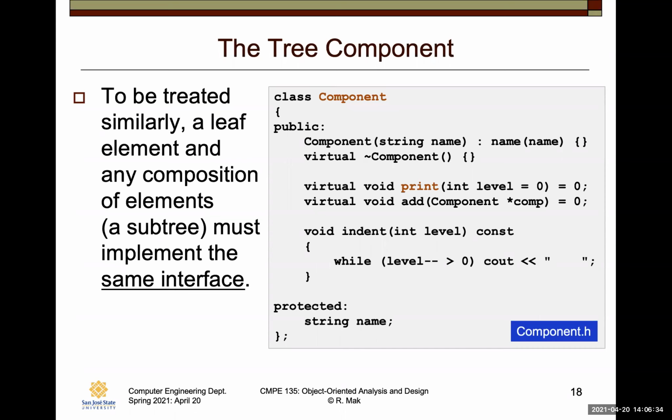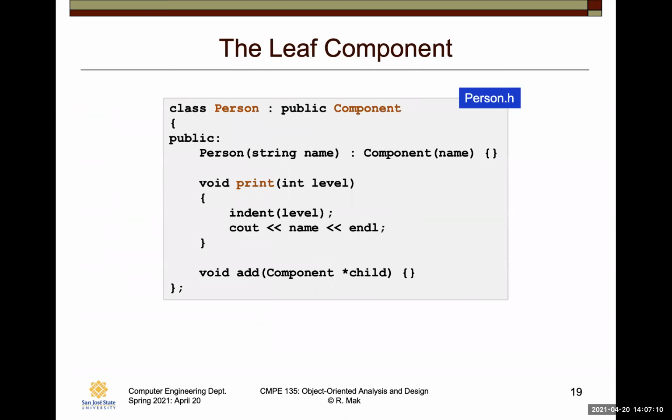So here we have component, and let's say that it has a print function so that we can print out that component, and an add function so we can add a child component to any particular component. Here's a function that does indentation when we print, and each component has a name. So this is the superclass component.